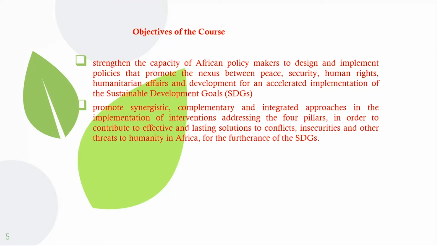Another objective will involve to promote synergistic, complementary, and integrated approaches in the implementation of interventions addressing the 4 pillars in order to contribute to effective and lasting solutions to conflicts, insecurities, and other threats to humanity in Africa for the furtherance of the SDGs.